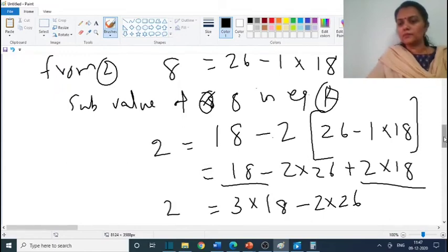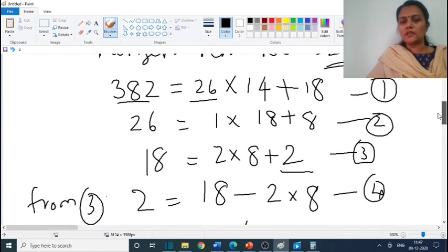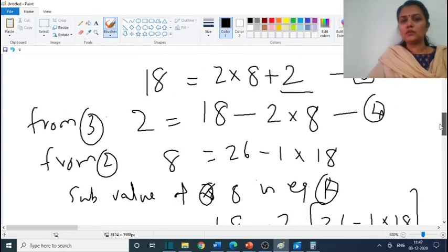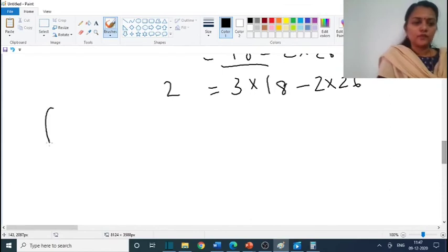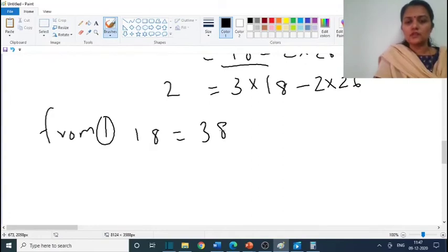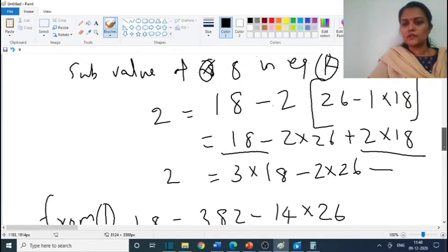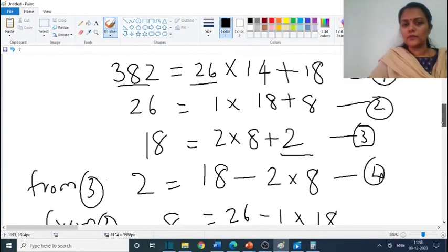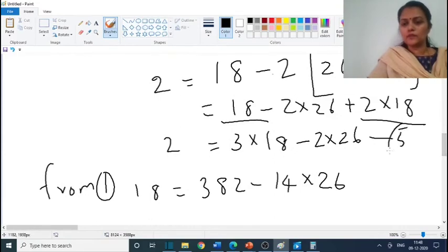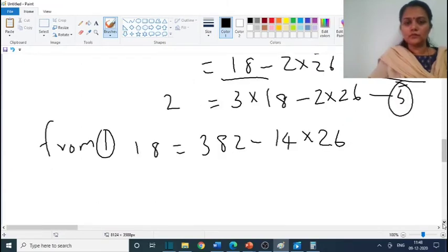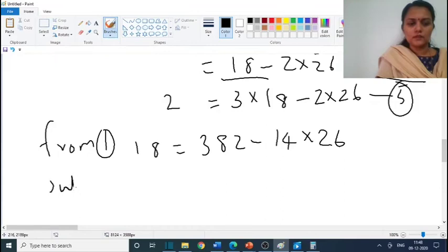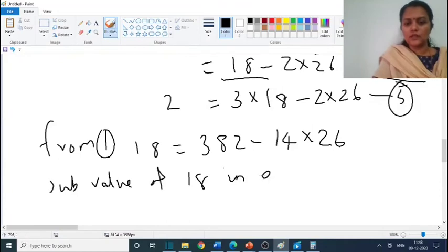Now from equation 1, 18 is equal to 382 minus 14 into 26. This is equation 5. Now substitute the value of 18 in equation 5.